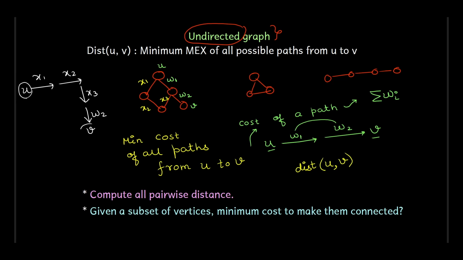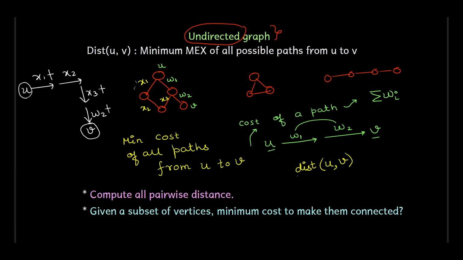And what will be the cost of this path? This will be nothing but x1 plus x2 plus x3 plus W2. Now, if this sum is smaller than W1 plus W2, then of course this will win, and this is the smaller cost path.